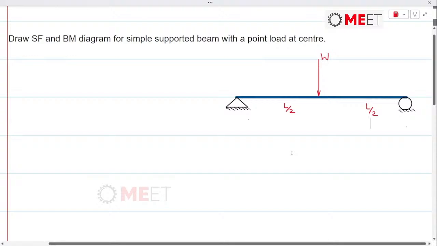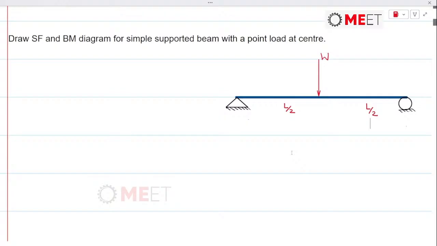So here in the question it is asked about drawing the shear force and bending moment diagram for the simply supported beam which is loaded with a point load at the center. So here remember that this is a standard case of a beam, and moreover the results obtained from this standard case will be utilized in the extended concepts of calculating bending stress, deflection, shear stress, shear force, all these will be extended.